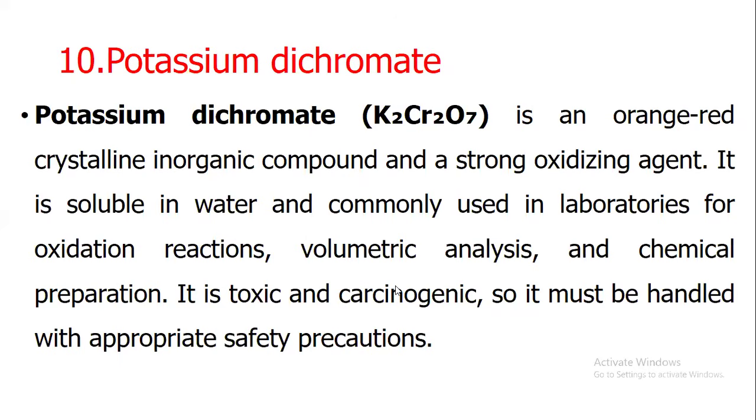It is soluble in water and commonly used in the lab for oxidation reactions, volumetric analysis, and chemical preparation. It is toxic and carcinogenic, so it must be handled with appropriate safety precautions.